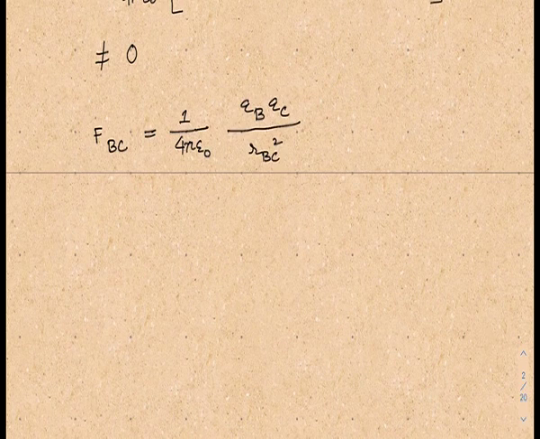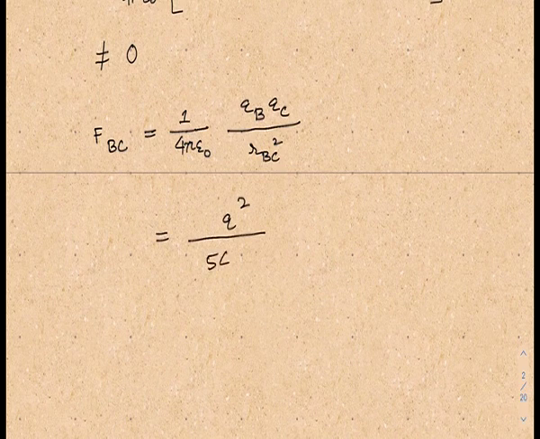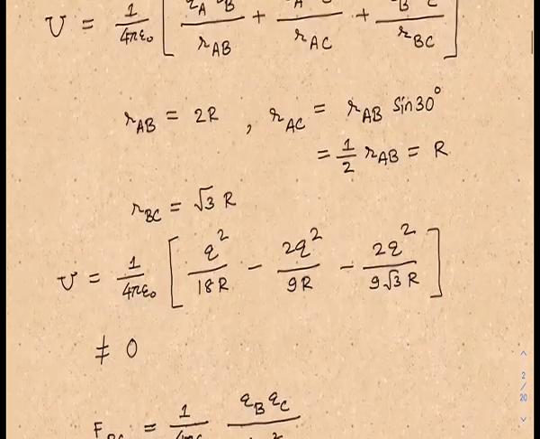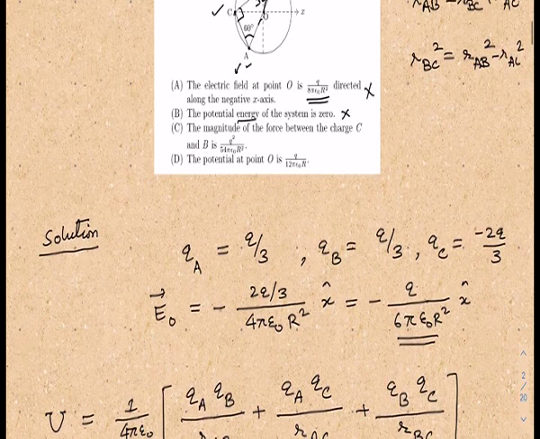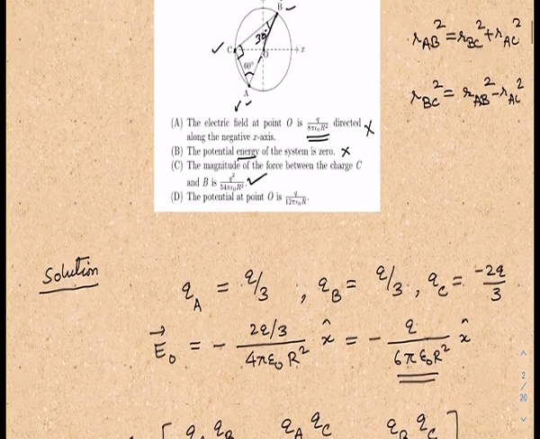If you put down all these values, you should get Q square divided by 54 pi epsilon 0 R square. Alright, so let us see. Yes, this force is Q square by 54 pi epsilon 0 R square, so this one is correct. Option C is correct.